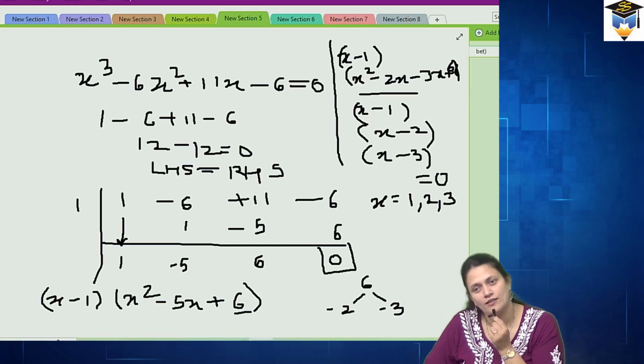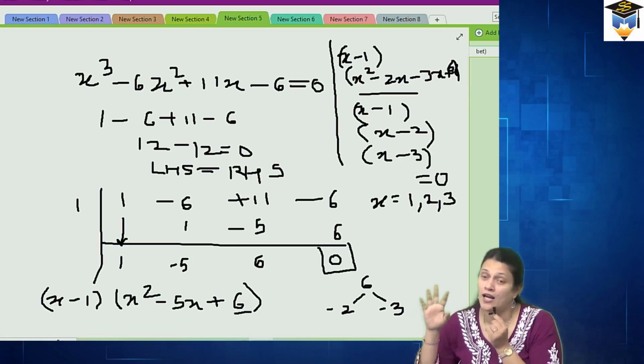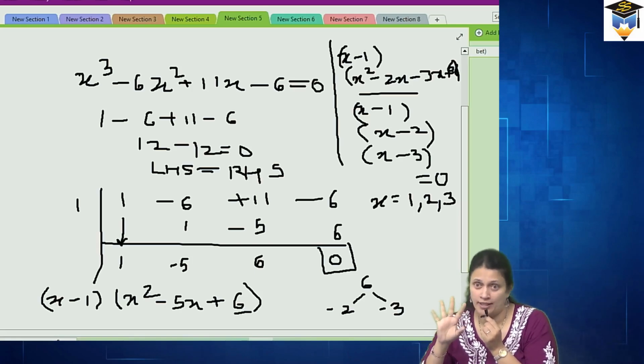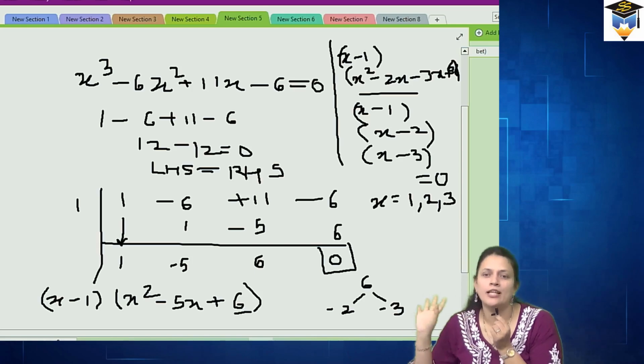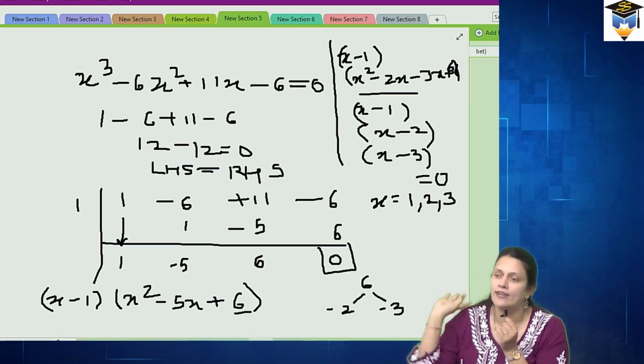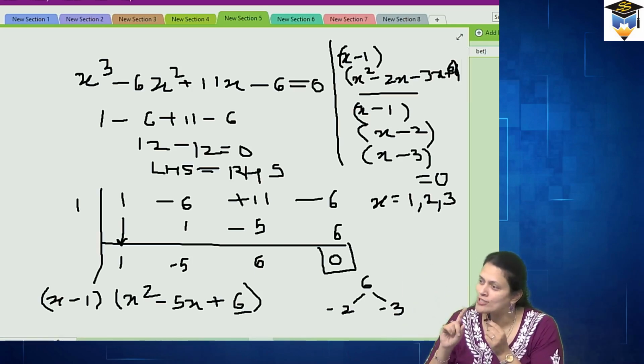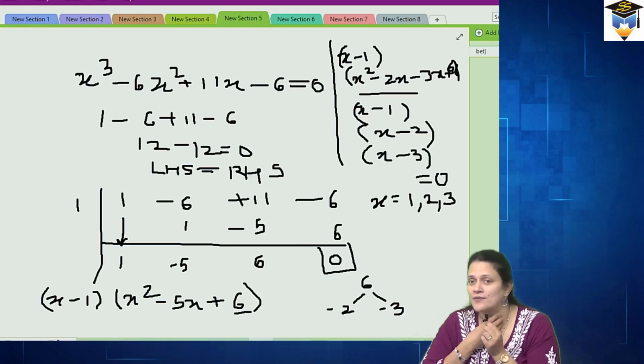Correct. Yes, agreed. But option A you have to try completely, means with all 3 variables. ऐसे नहीं करना है कि you just solve for the first value and don't substitute the next 2 values. Then you will not get the answer.